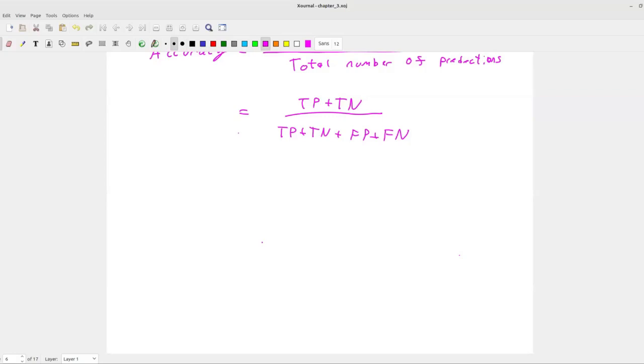And for that, we're going to define precision. And that measures a fraction of selected relevant instances over selected instances.